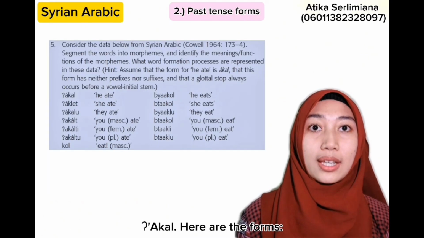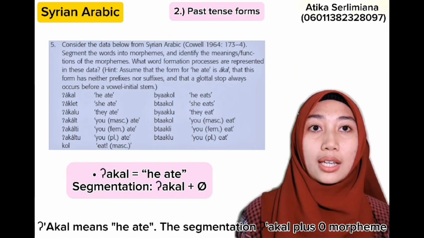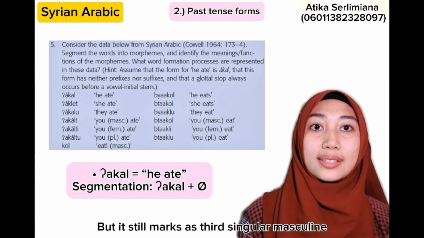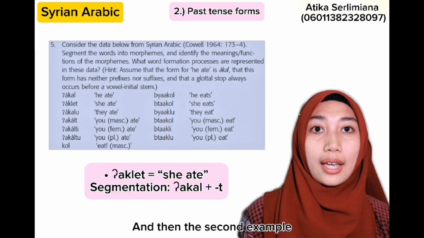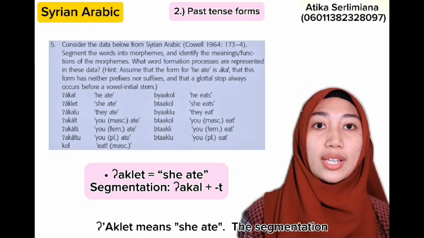Here are the forms. Akal means he ate. The segmentation: akal plus zero morpheme. Zero morpheme means no suffix, but it still marks third singular masculine. And then the second example, aklet, means she ate.